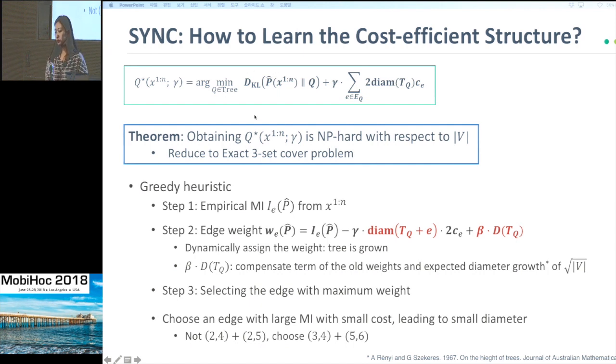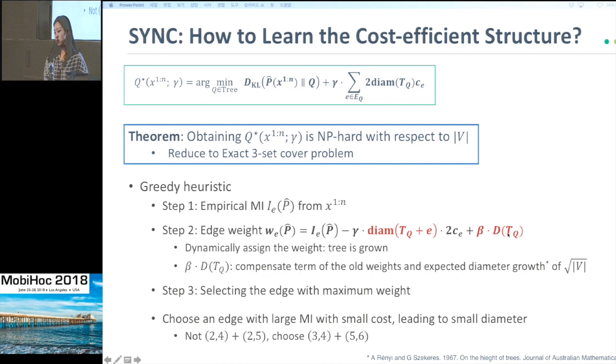distribution. So we propose a greedy heuristic algorithm, in which the edge weight is the change of the objective value by adding one edge e to the existing tree structure.